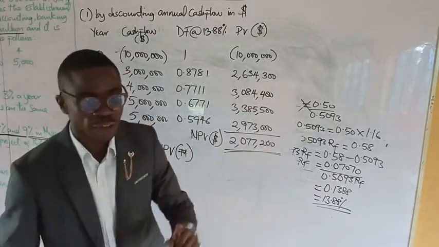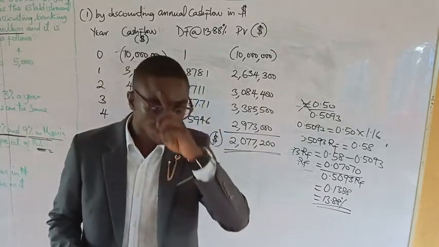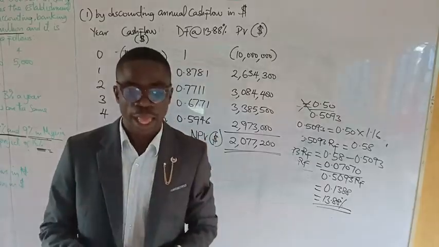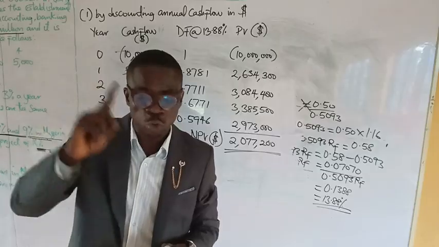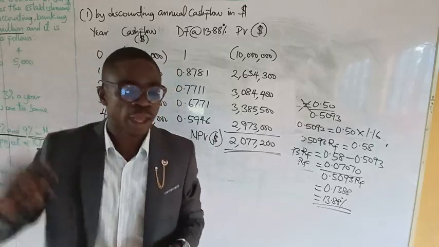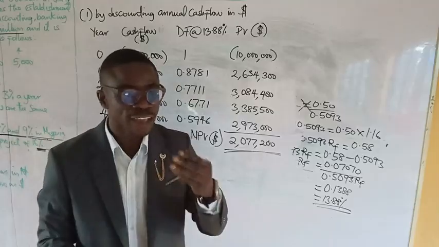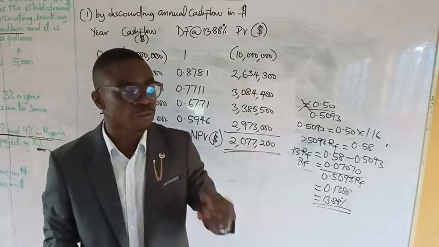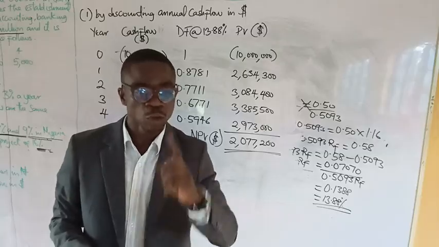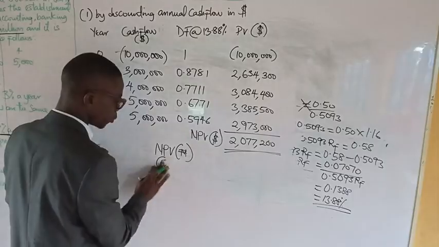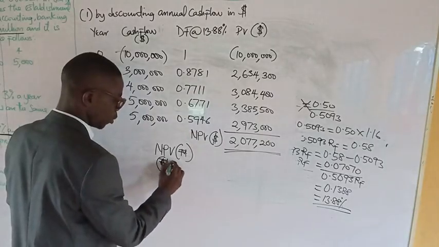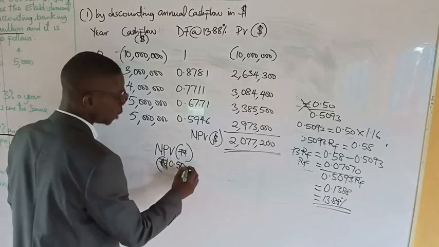So if you have to translate, how much is $1 equivalent to in naira? We've calculated it, we say it's 0.5. Now 0.5 naira is equivalent to $1. So what are you going to do? You just multiply by the spot rate. Yes, thank you.